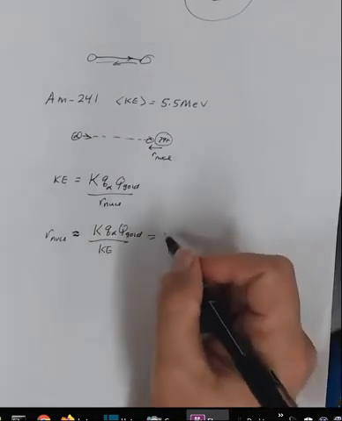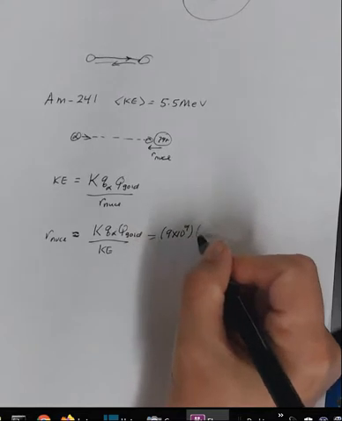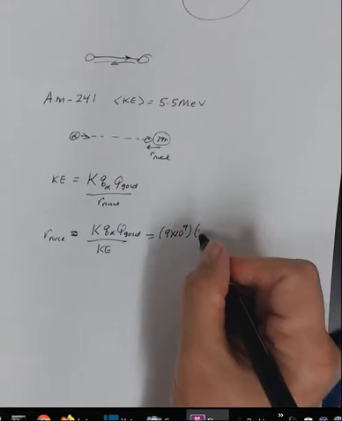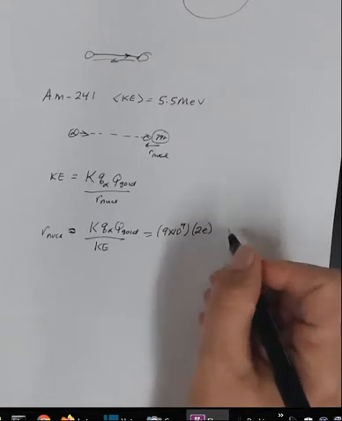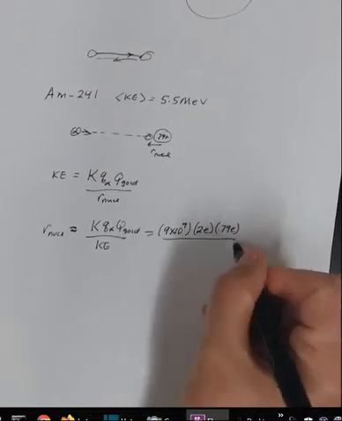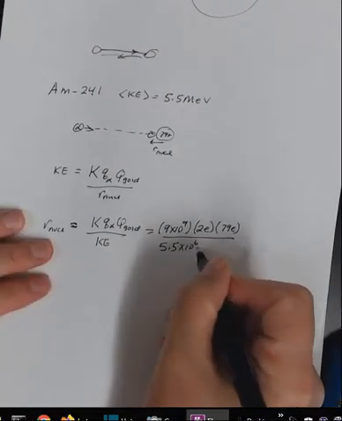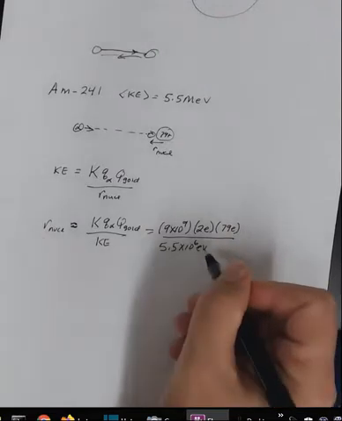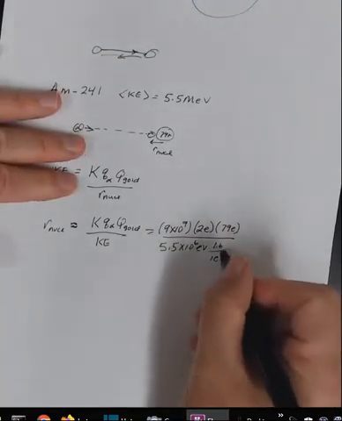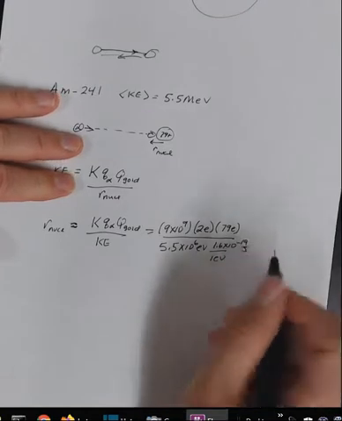Putting in our numbers, k is 9 times 10 to the 9, I won't bother with units at this point. The charge is 2e for the alpha particle, 79e for gold, over 5.5 times 10 to the 6 eV, and 1 eV is 1.6 times 10 to the negative 19 joules.